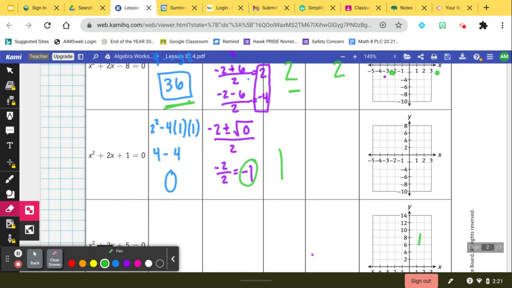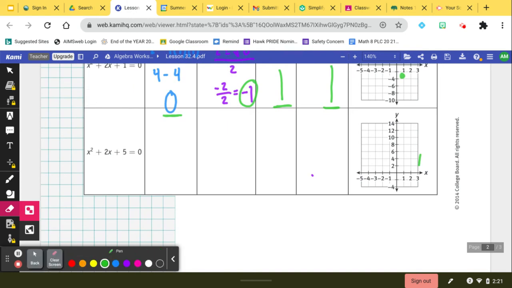So that means we only have one x-intercept, and that occurs at negative 1. So we had a positive discriminant of 36, and we had two real solutions and two x-intercepts. We had a discriminant of 0, and we had one solution, one x-intercept. Let's see what this pattern continues to be.